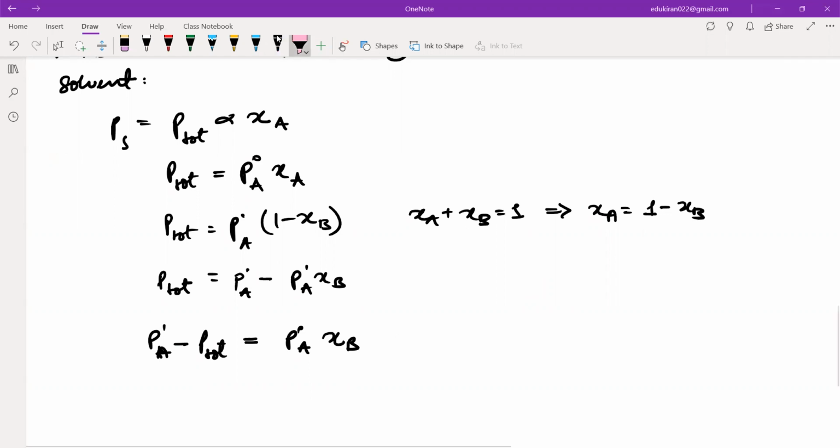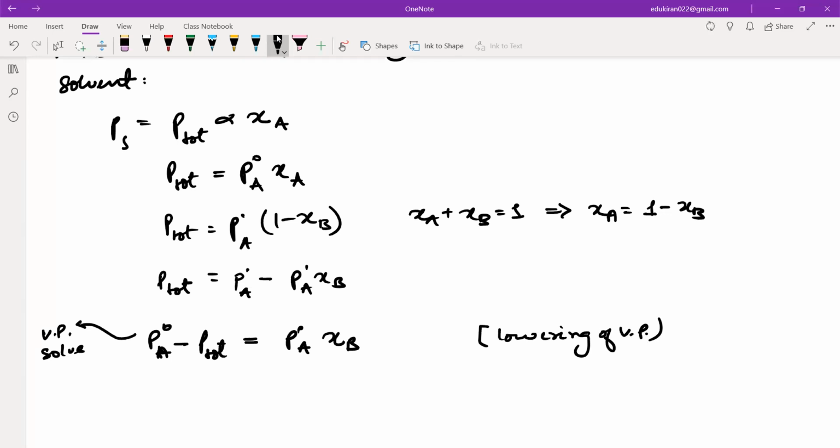What is P naught A here? P naught A is the vapor pressure of pure solvent. Minus P total. P total is the vapor pressure of the solution. And this part is telling me about the decrease in the vapor pressure. That's why this equation denotes the lowering of vapor pressure.